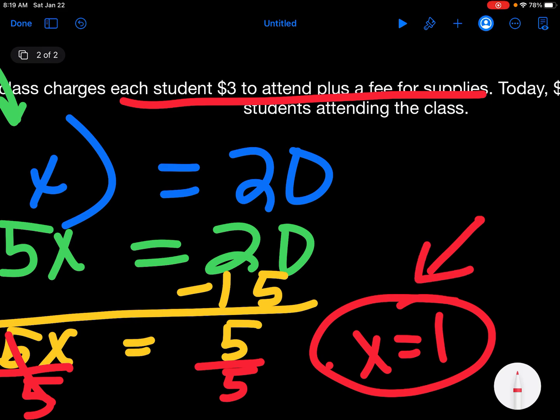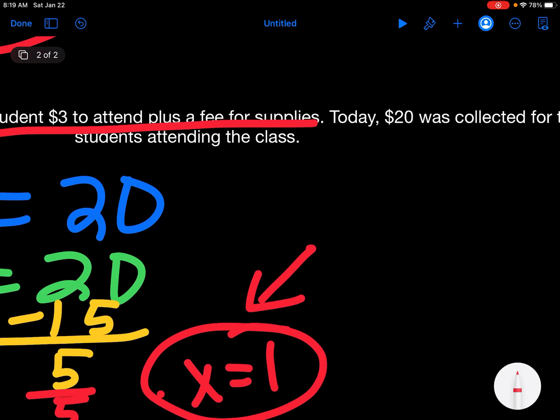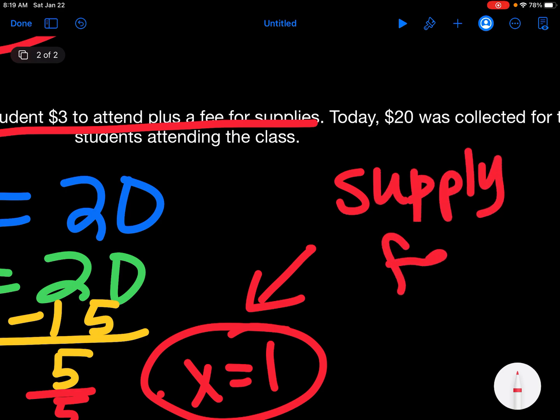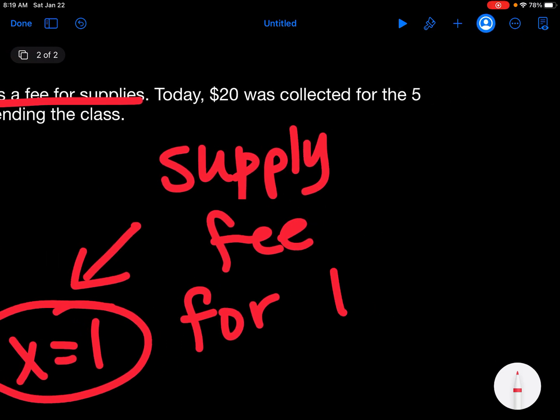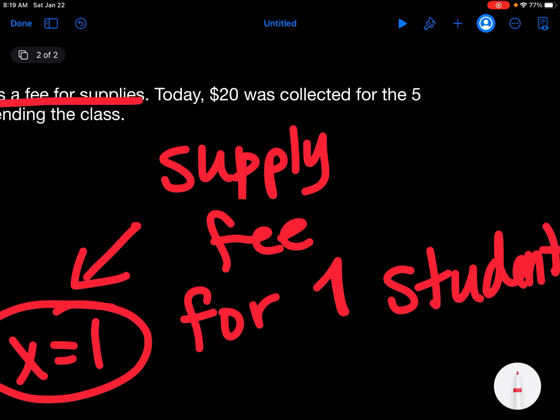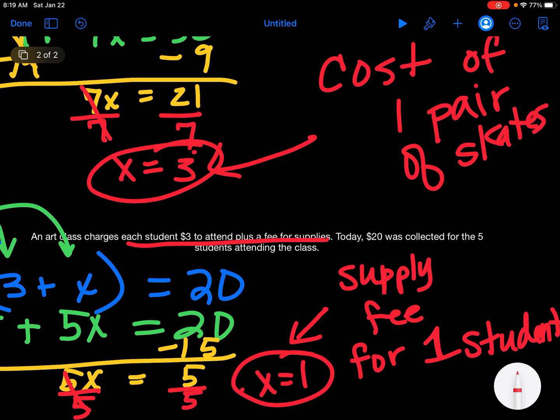The supply fee for 1 student. And I'm going to be specific. Okay, $5 is the supply fee for all the students. This is the supply fee for 1 student. So plus a fee for supplies. So this is the supply fee for 1 student, $1.